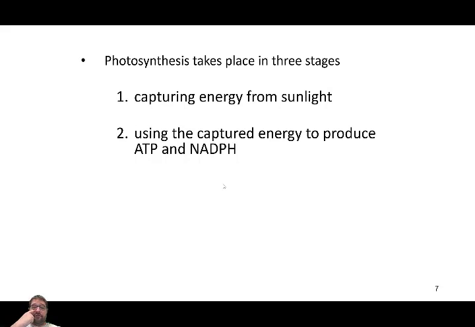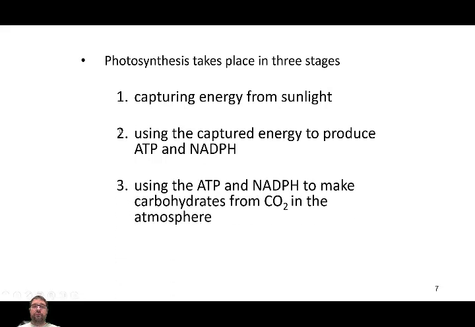And that's in either the form of ATP or what we call an electron carrier in the form of NADPH. Then you use the energy from ATP and NADPH to reconfigure carbon dioxide and water to make carbohydrates. We're going to go through these different steps.